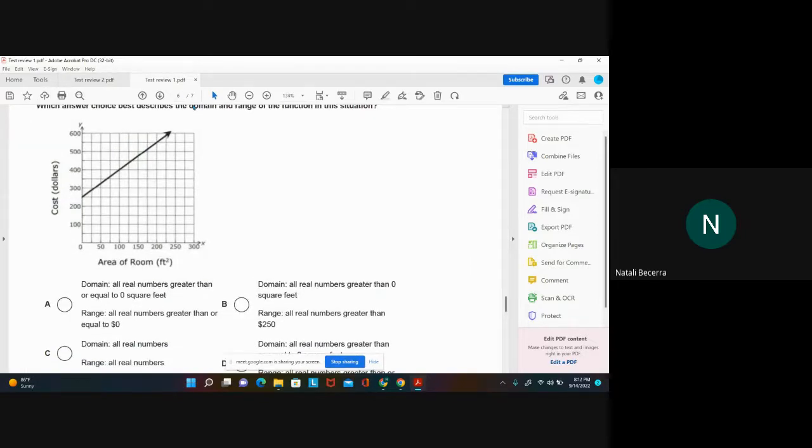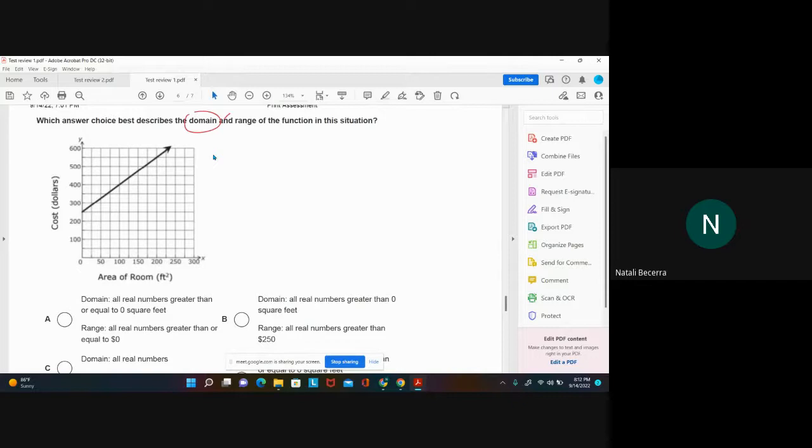Okay, so describe the domain and the range. Domain is x, range is y. So let's find the domain first. I go from the bottom. Remember, I'm focusing on these numbers on the x-axis. I go from the bottom, and what am I touching on the x-axis? 0, right?